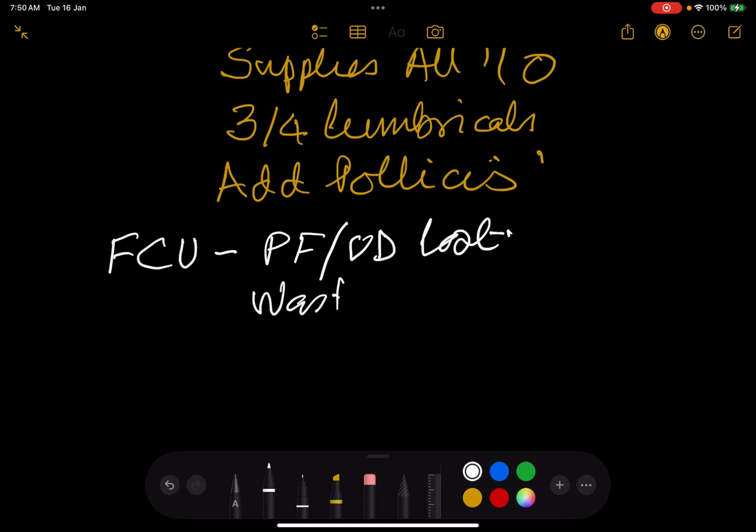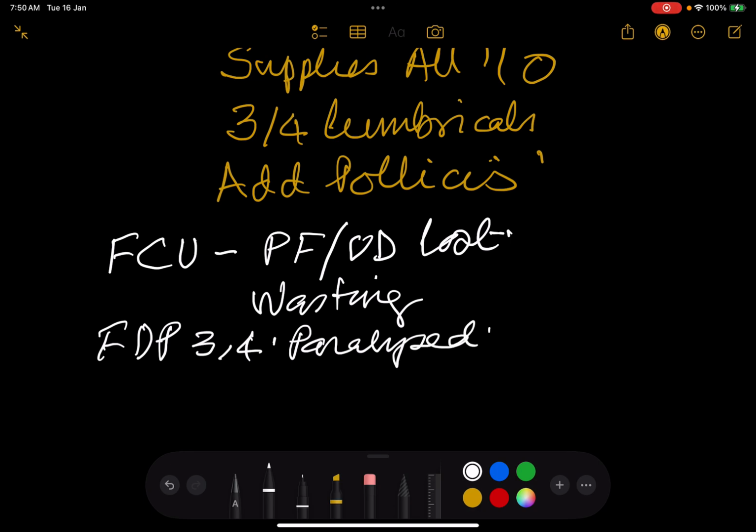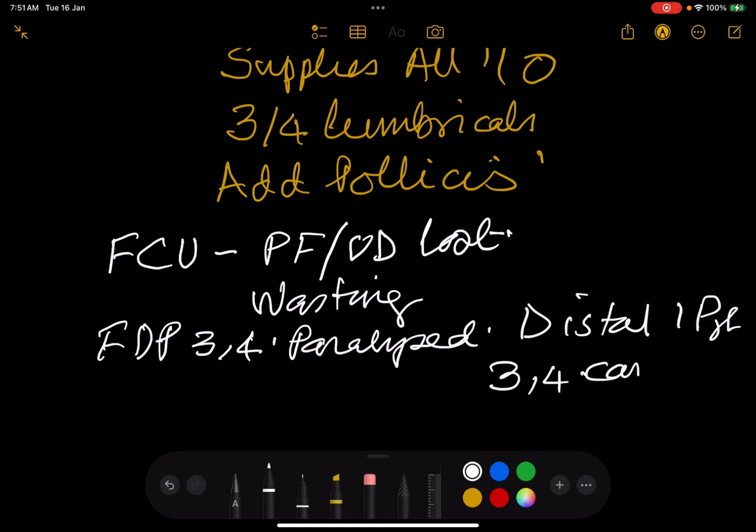Simultaneously, there will be wasting. Then the FDP of the third and the fourth fingers will be paralyzed. Therefore, the distal IP joint of the third and the fourth fingers cannot flex.